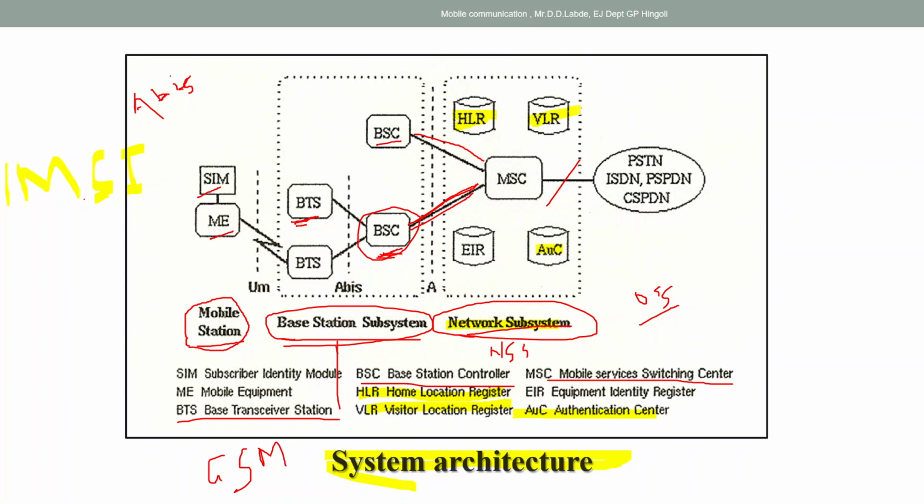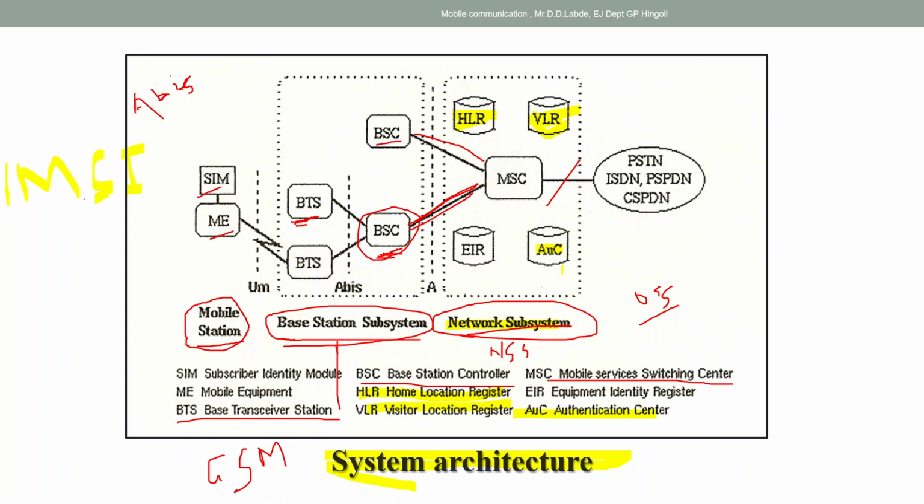VLR is used to temporarily store the IMSI and customer information for each roaming subscriber. If a subscriber from outside this architecture comes into its coverage area, for example moving from one state to another, then the information of that user is stored in the visitor location register.